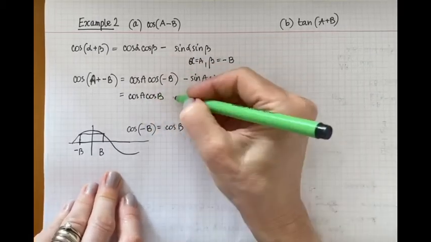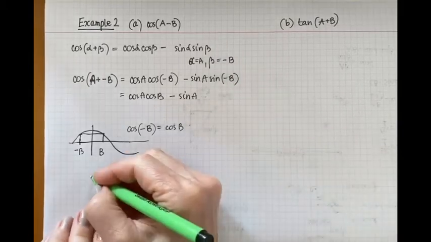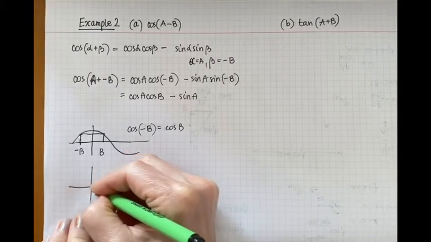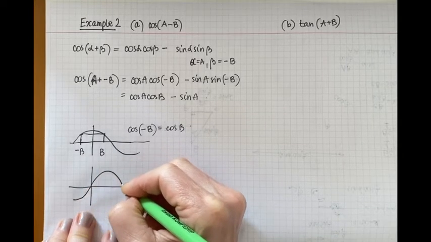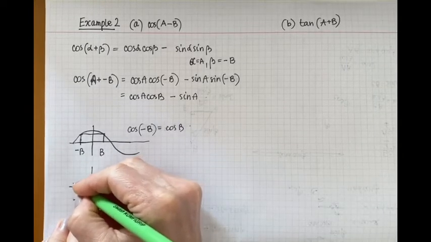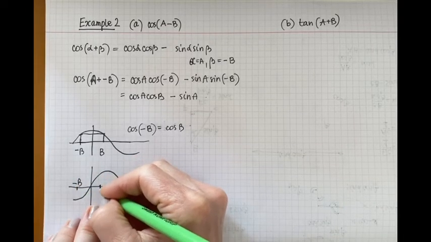Now over here, we are going to have to look at sine B. So if you remember how to draw sine, do the same thing. Now, it's not an even function. Sine happens to be an odd function.